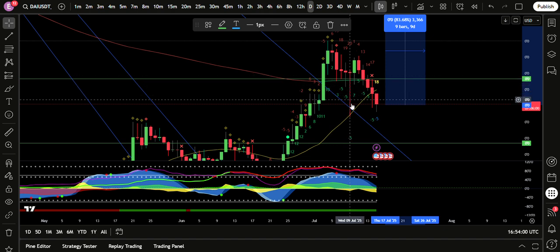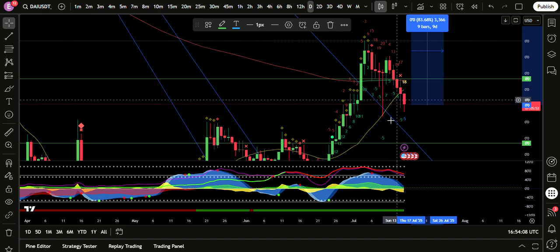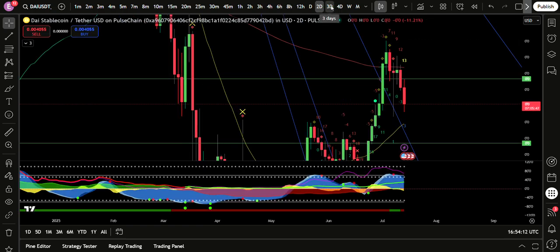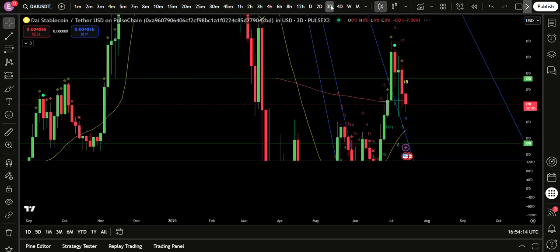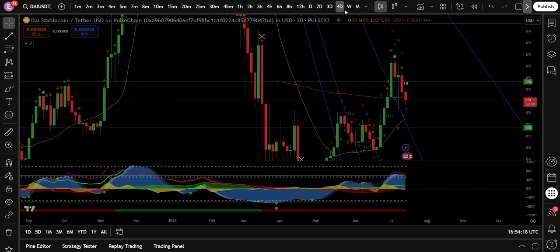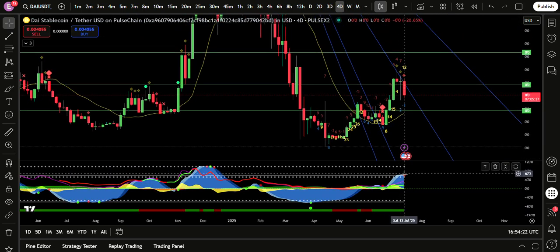Again, if price comes back down, it'll retest this area as support, or as part of the liquidity cycles, something to look into. Go on the 4-day. I mean, red dot here, hey, that's on the 4-day.